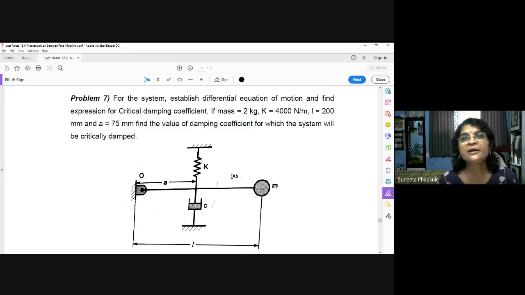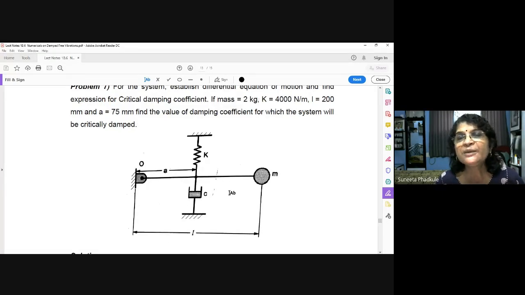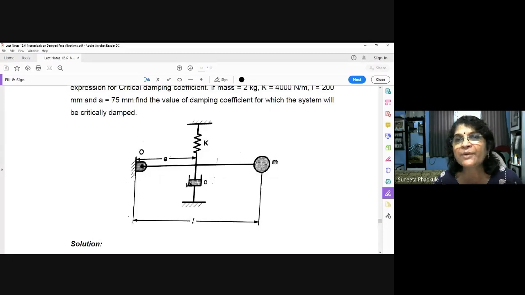Okay, so here it is not torsional but angular vibration. That means theta comes into the picture. And here there is a definite relation between x and theta. So let us consider this diagram. What is given? This is the spring, this is the damper, and this is the mass which is going to vibrate. If I pull this mass downward by some distance, that means it makes some angle theta, and if I release, this mass will vibrate around this equilibrium position in this fashion.